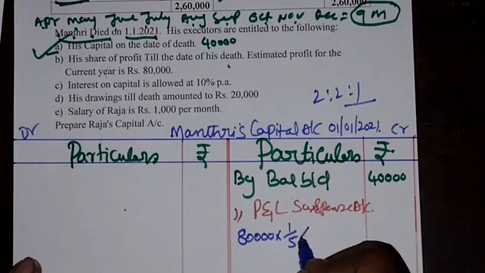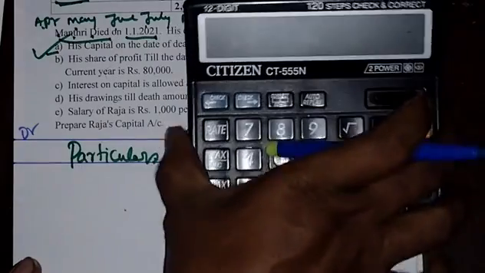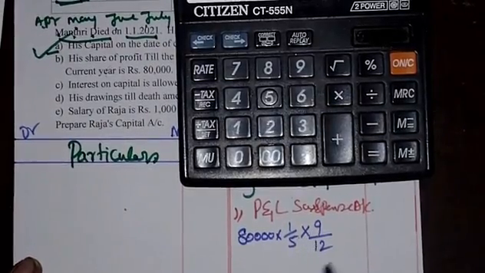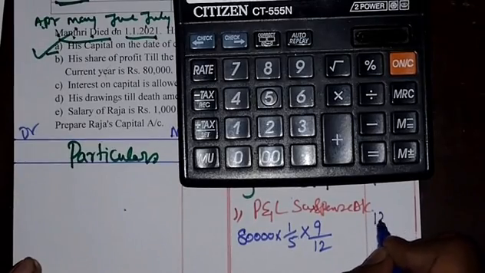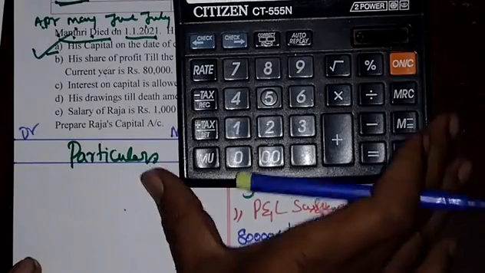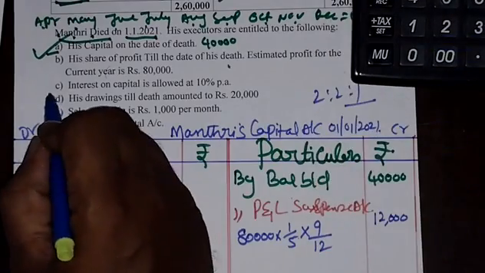The last person it is 1 by 5 into 9 by 12. Yes. 80,000 into 1 by 5 into 9 by 12. The amount of profit for the current year for the deceased partner is 12,000.